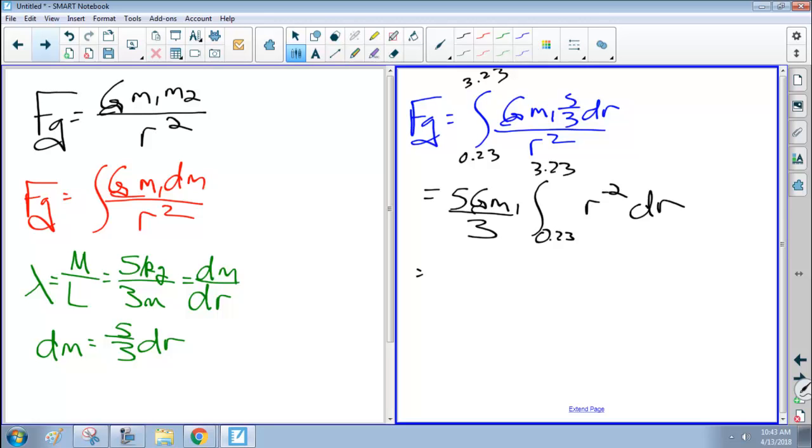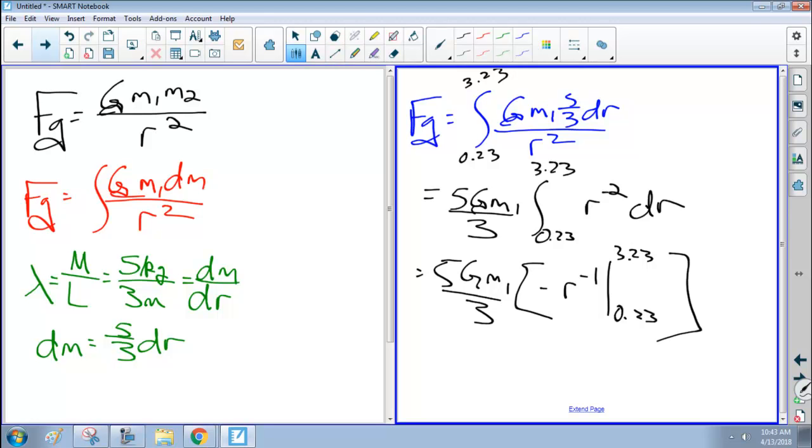And so that gives you 5G m1 over 3 times negative r to the negative 1, right? Wouldn't that give you r to the negative 2 if you differentiate it? And then evaluate it between 0.23 and 3.23, and then solve it. Make sense, you guys, or no?